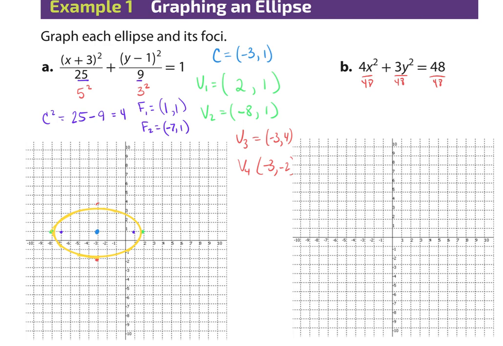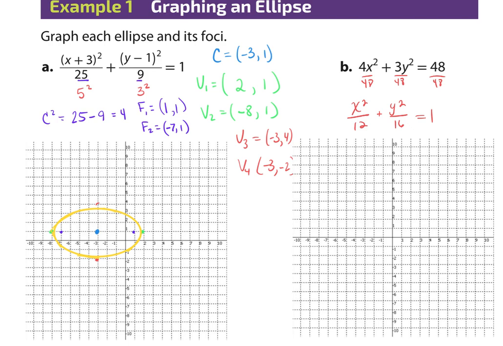And they were nice, and they gave me things that naturally divide by 48. If they didn't, we would have to do some finagling of completing the square. So I have x squared over 12 plus y squared over 16 equals 1. So now which way is this one? This is elongated actually on my y. I know that because my larger number is under my y, okay?